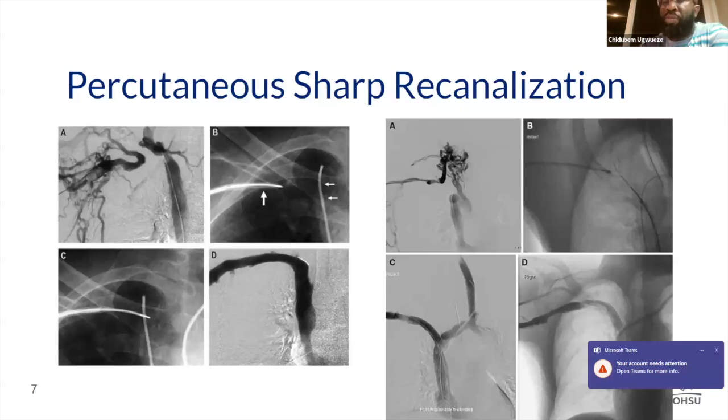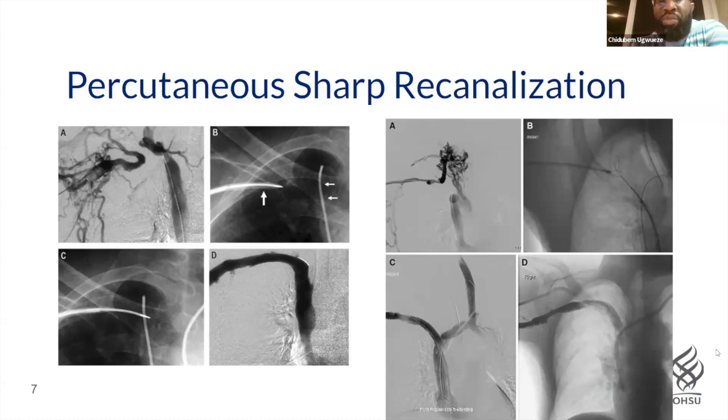That's why before you pass your needle, I usually do a cone beam CT to make sure that there are no critical structures, and you also will review your CT scan beforehand to get a better understanding of the 3D layout of this area around the stenosis.